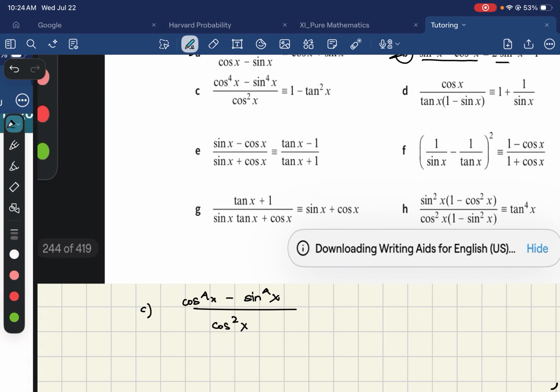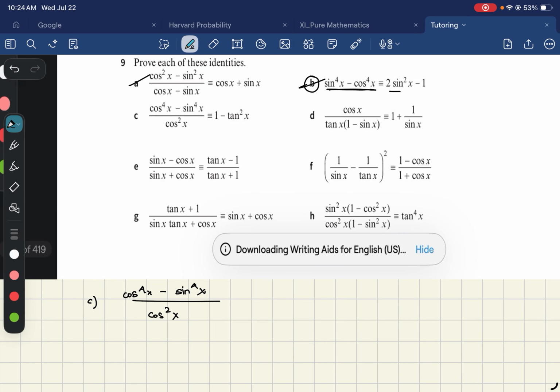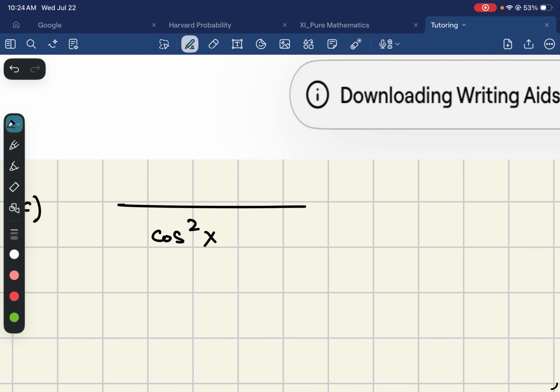Actually, we can use the same trick that we used here because it's the same thing, right? So I can write my numerator like this.